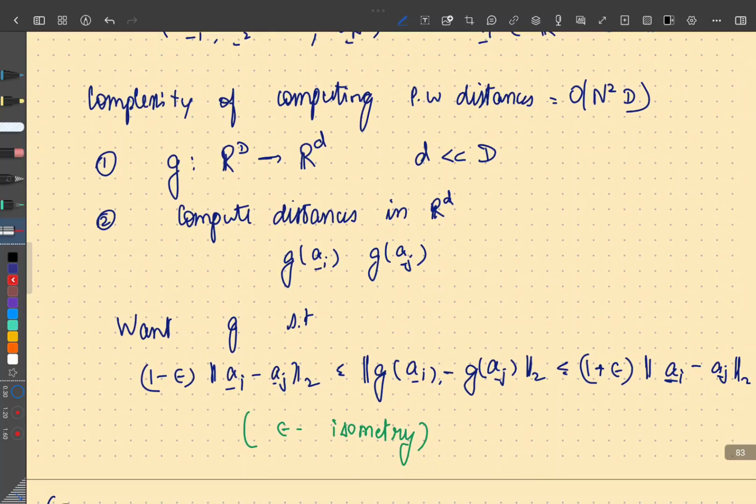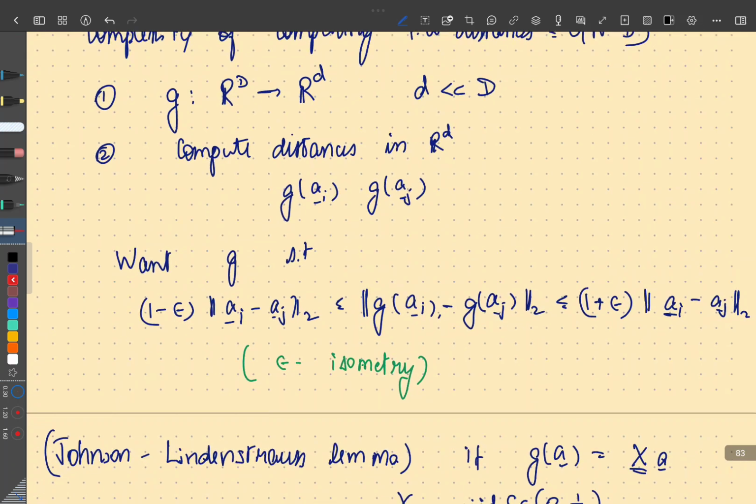So the goal is to design this map or projection. It could be linear, it could be non-linear. We want to design a projection that takes these vectors from R^D down to R^d, such that the distance between g of ai and g of aj is very close to the distance between ai and aj. In particular, it is between 1 minus epsilon and 1 plus epsilon times the distance between ai and aj.